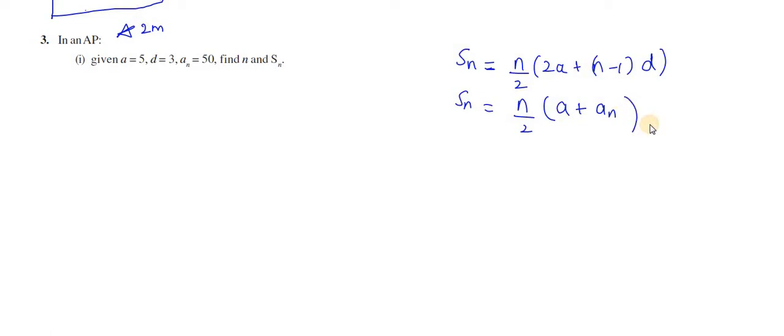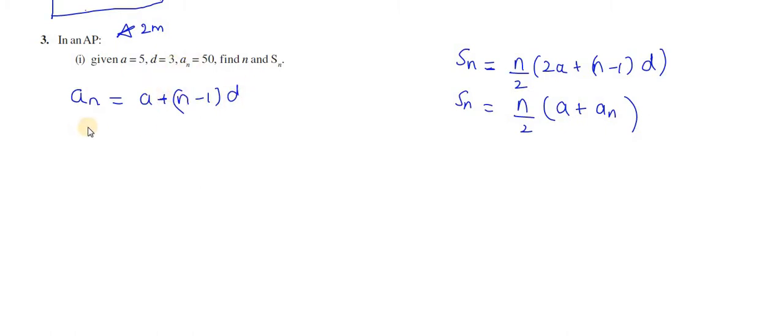But they did not give us n. Suppose if we have n, we can find Sn using either formula. They give only a, d and an. So from this we can use the an formula too, an is equals to a plus n minus 1 into d. Here we need to use two formulas for the same problem.